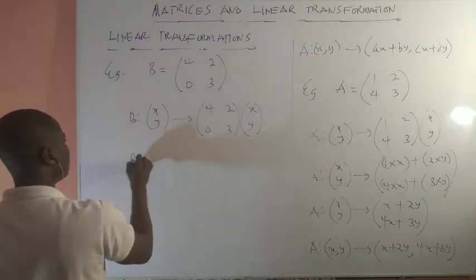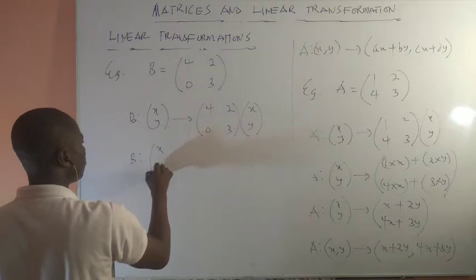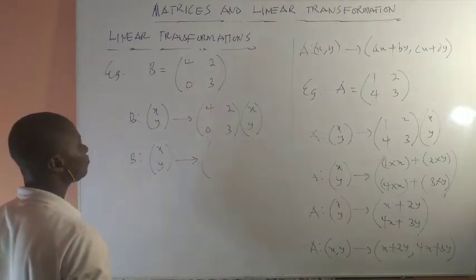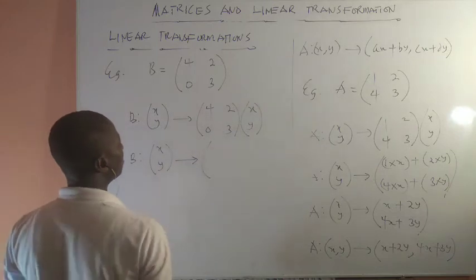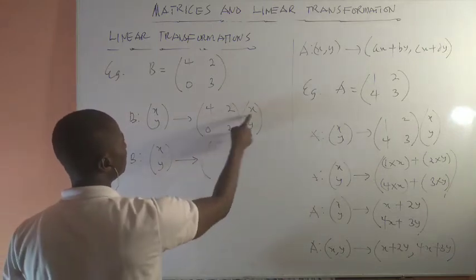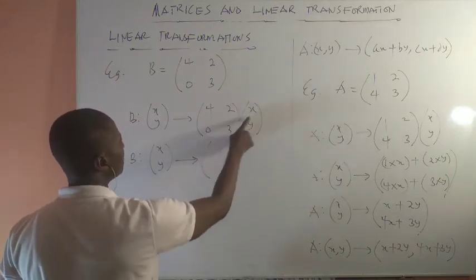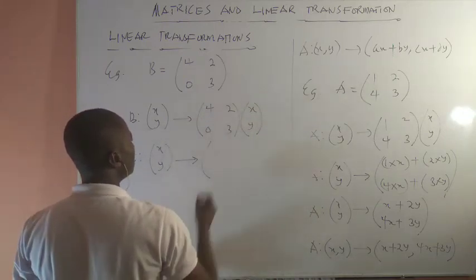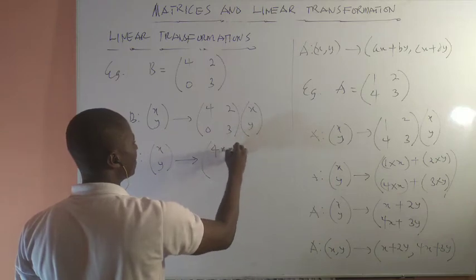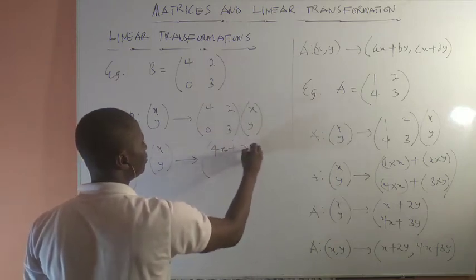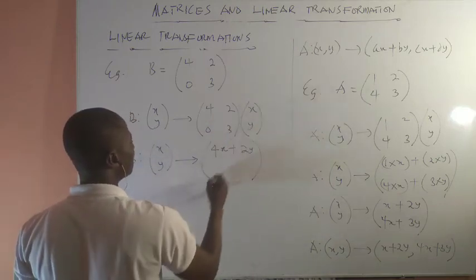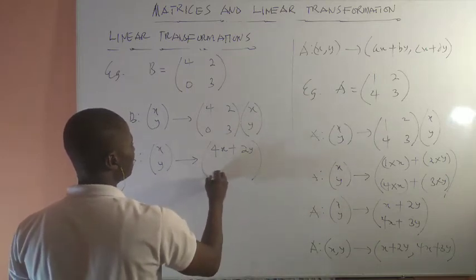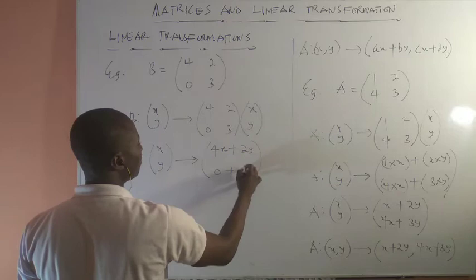So B of x, y will map to, we multiply the matrix by the column matrix x, y. So we have 4 times x plus 2 times y. We have 0 times x plus 3 times y. So 4 times x, we have 4x, plus 2 times y is 2y. 0 times x, we have 0, and so we have 0 plus 3 times y, we have 3y.